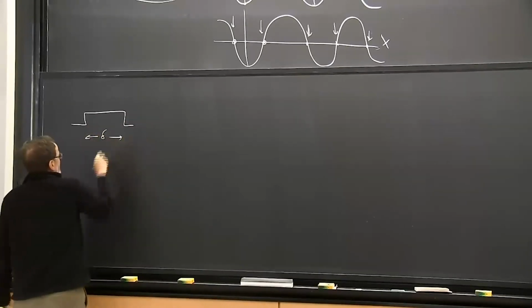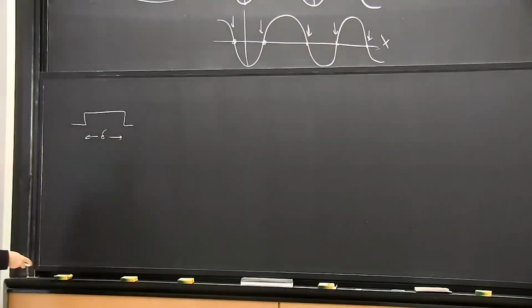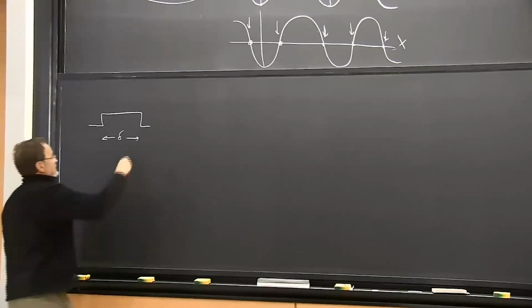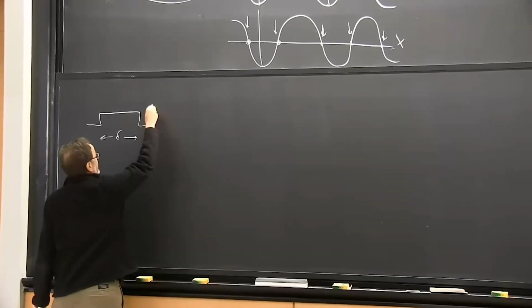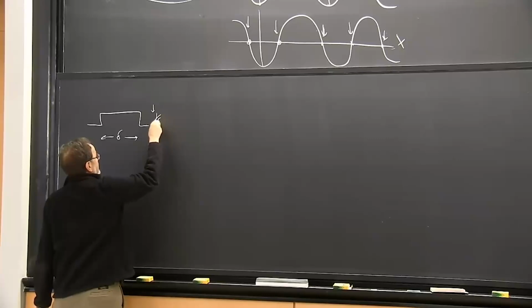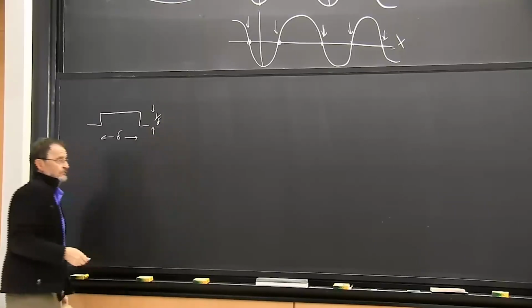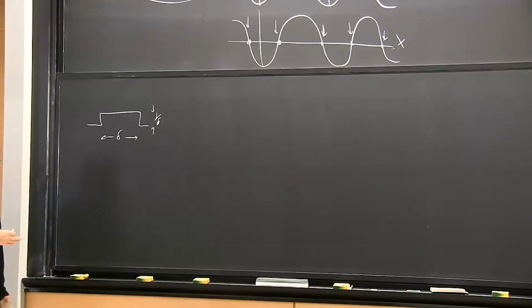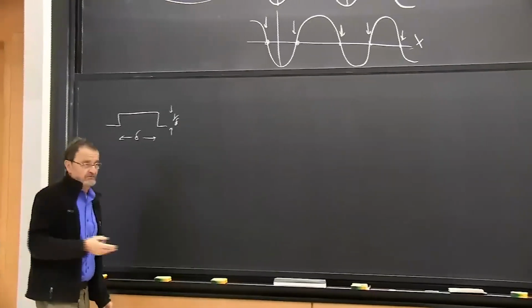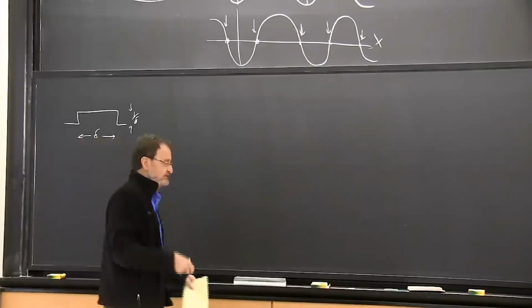So we have a block of, let's say, width delta that we're averaging over, and we can make the height of this thing 1 over delta, just so that when we get the result, it's the same magnitude as the original value. And so we're really doing a moving average.